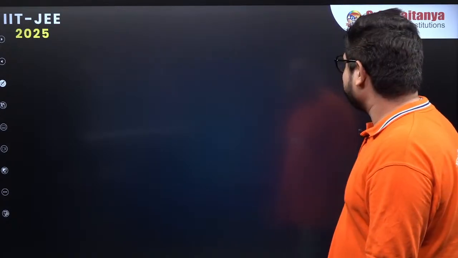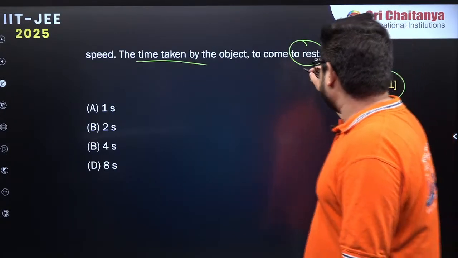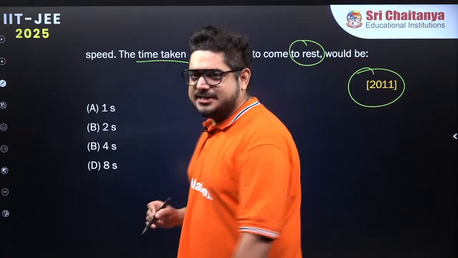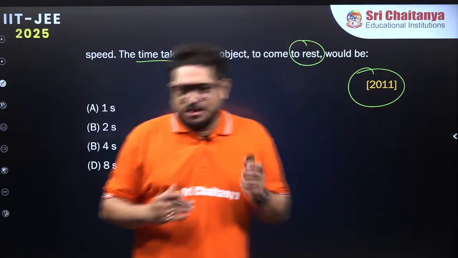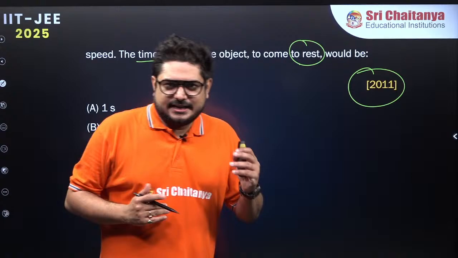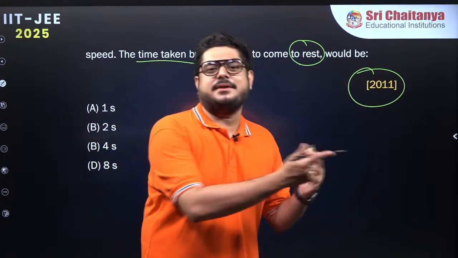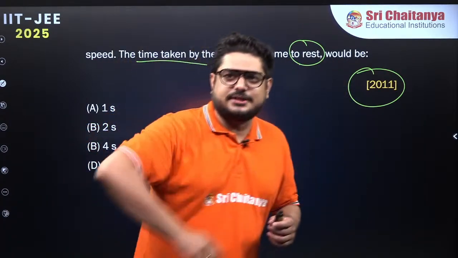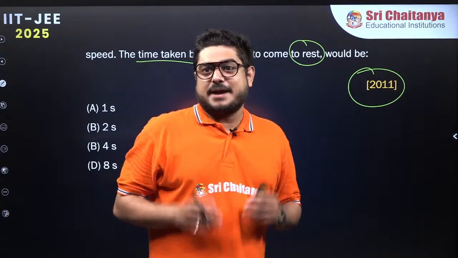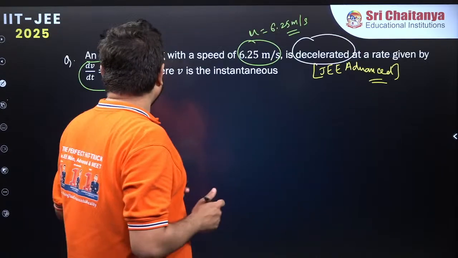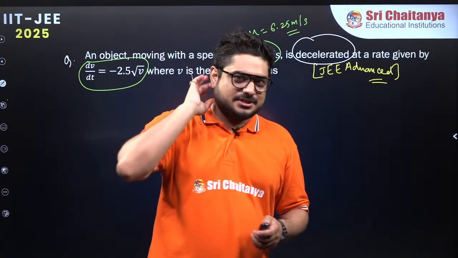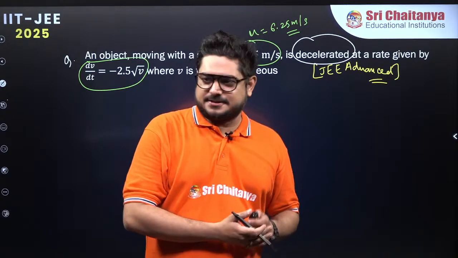Okay, everyone. So now coming to rest means initially it was having a velocity of 6.25 meter per second, and suddenly after a while it's coming at rest. We need to find out the time taken by the object which is going to be coming to rest.